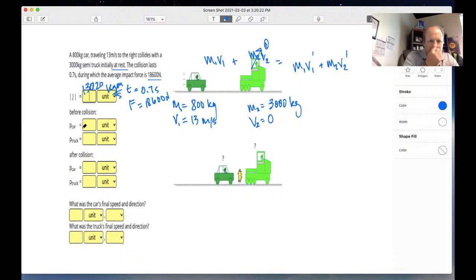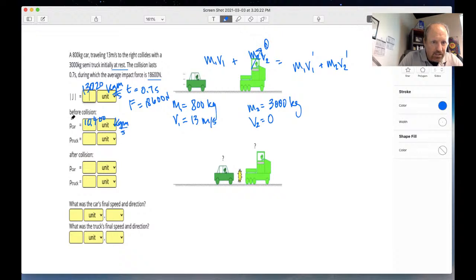And then what that means before the collision is M1 V1. So 800 times 13 is equal to 10,400 kilogram meters per second.